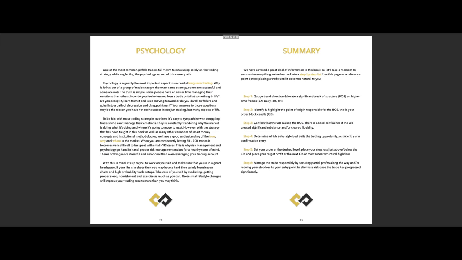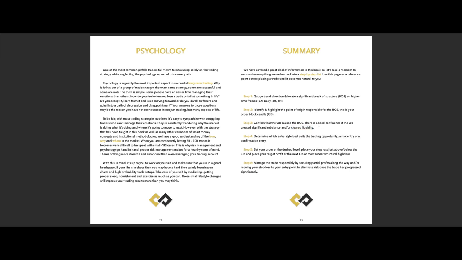So again, all that matters to locate the order block itself is that it broke significant structure and it is the point of origin responsible for that break of structure. But to add confluence, to create a higher probability scenario for yourself, it's a more valid order block if it created significant imbalance and or cleared liquidity, okay?